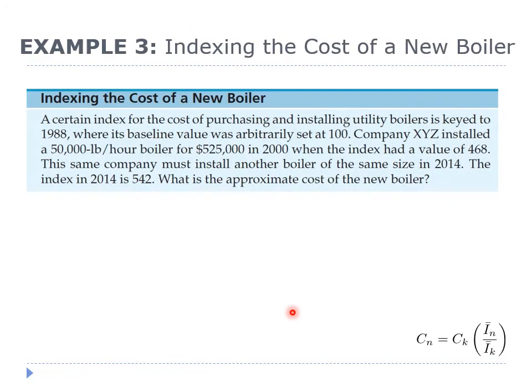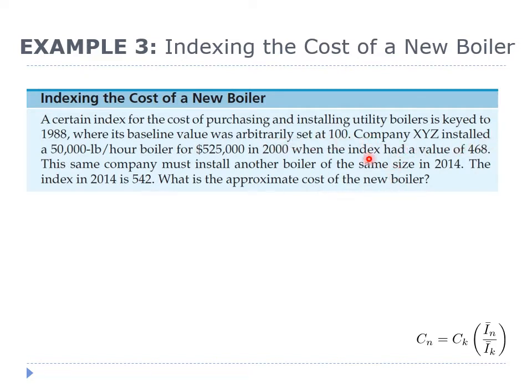Okay, this is an example on the use of this index formula to calculate cost. Indexing the cost of a new boiler. A certain index for the cost of purchasing and installing utility boilers is keyed to 1988, where its baseline value was arbitrarily set at 100.